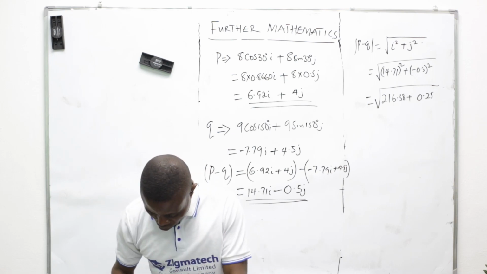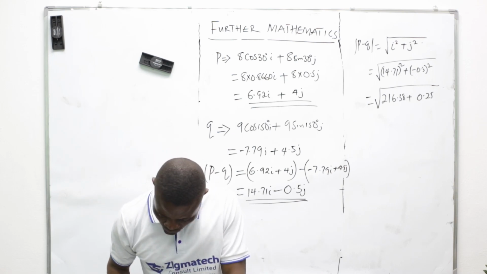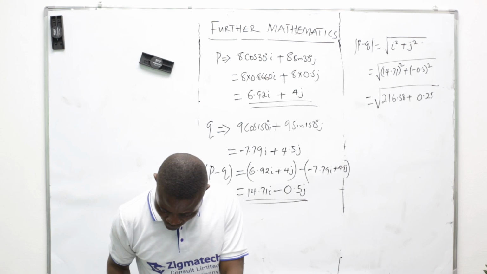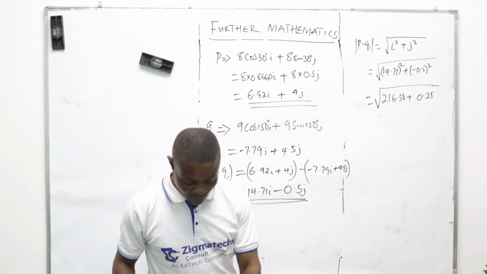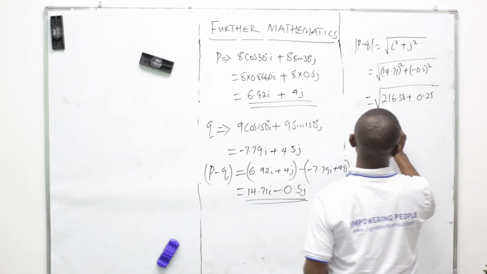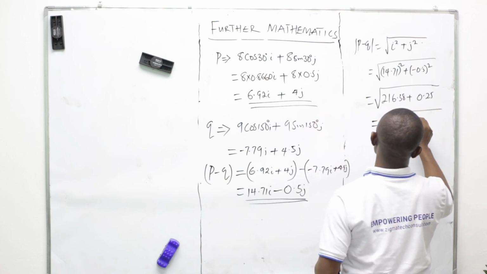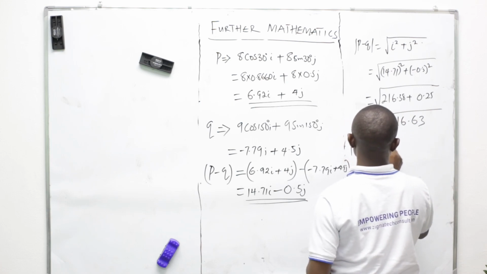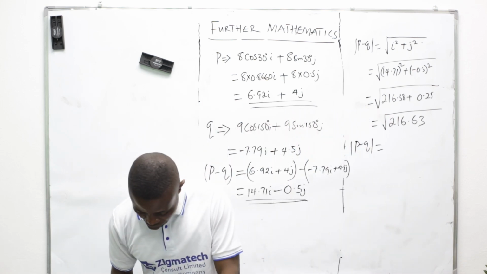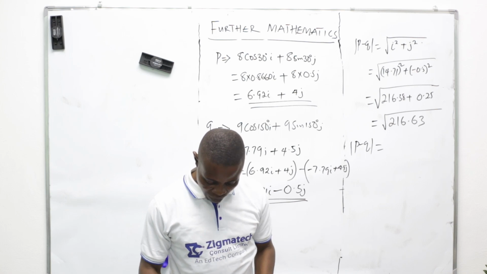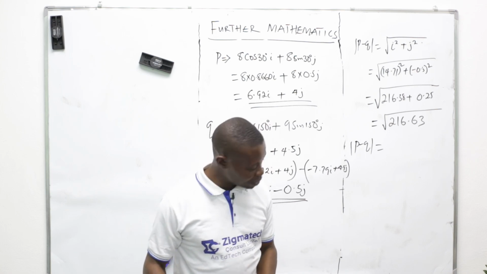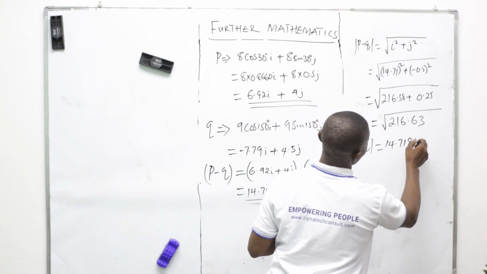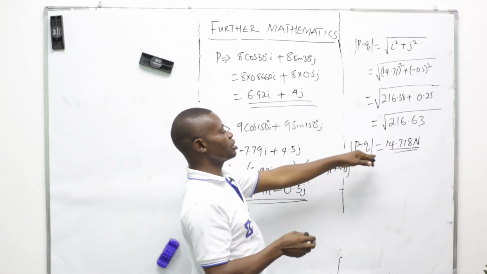Plus, that is 216.63. Then square root gives us 14.718 Newton. So this is the magnitude.